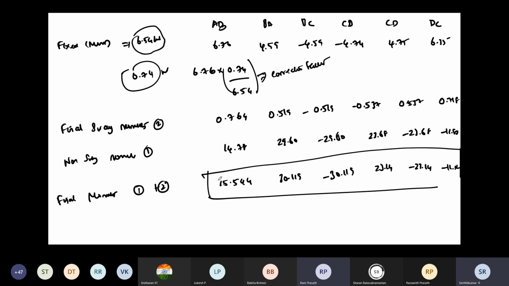Yeah, of course. Or you will be asking, you have to solve this question using only moment distribution method. That's why I will ask, you have to use MDM or you have to use slope deflection. But in reality, in real life, it's different. But in the exam, you should know both the methods, right? So I may ask, you have to go with MDM, or you have to go with slope deflection. Okay, sir. Thank you.